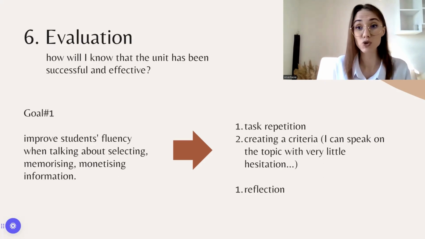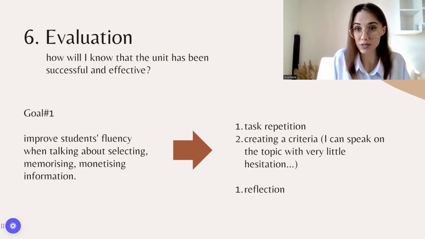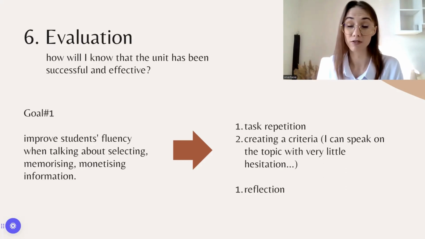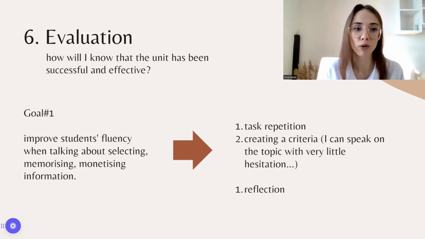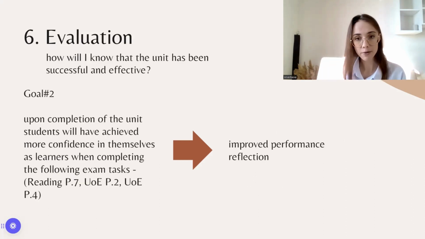But there can also be a subjective one. I can ask my students to reflect on their previous journey and give them some kind of system so that they can rank themselves and devise an action plan for the future. Why not? Goal number 2 was related to exam prep.